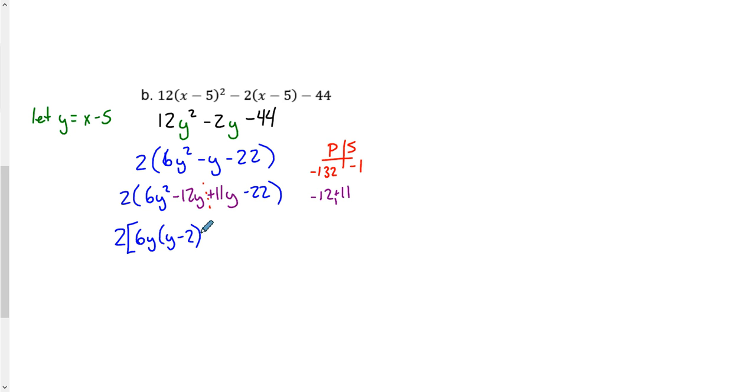Factoring here, I can factor out a positive 11, leaving myself with a y, subtract 2. Since this is the same as this, I'm good for combining that now. So I can have my y, subtract 2, and be left with a 6y add 11.